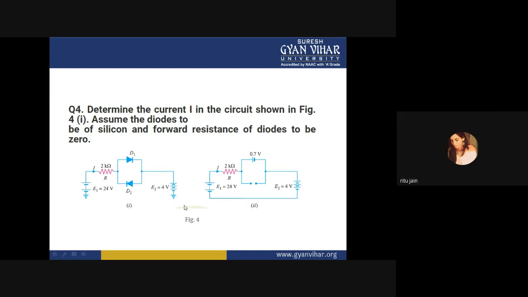So the diode is an open circuit. One diode is conducting, so the voltage across that diode is 0.7 volt, and this other diode is behaving like an open circuit.